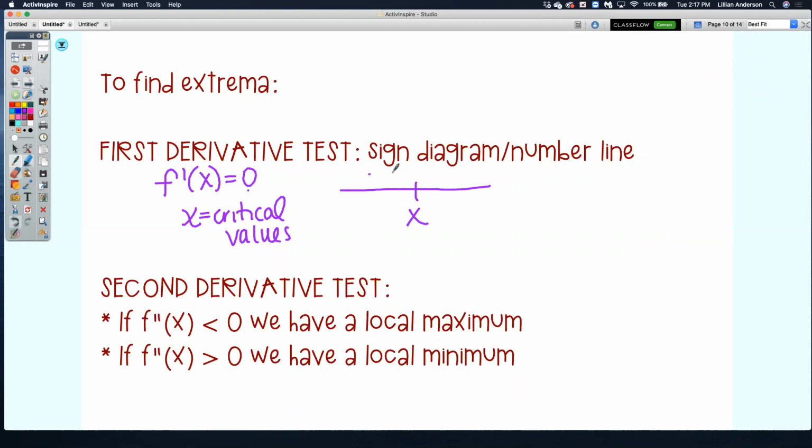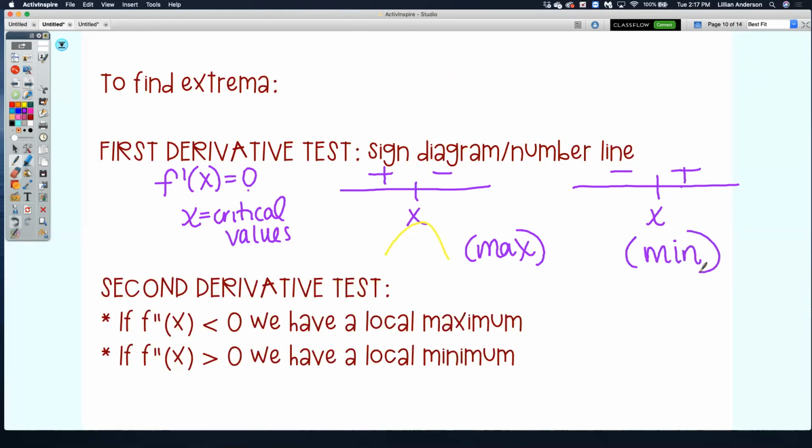And then we look: if it went positive to negative, that meant that we had a maximum. And then if it went from negative to positive, that meant that we had a minimum. That's what we've been doing up until this point to find our maximums and minimums.